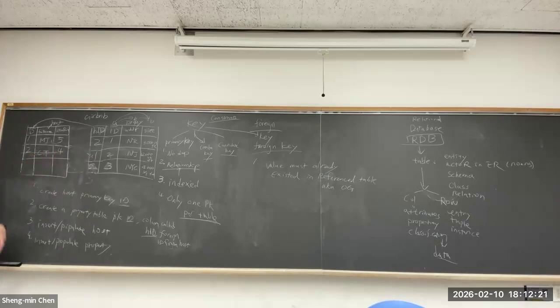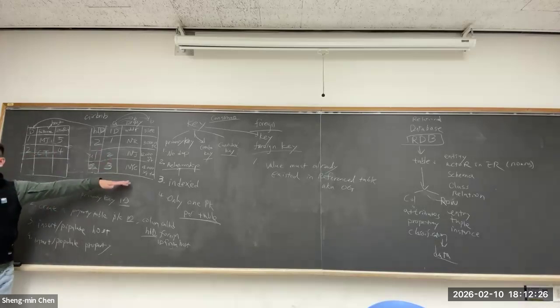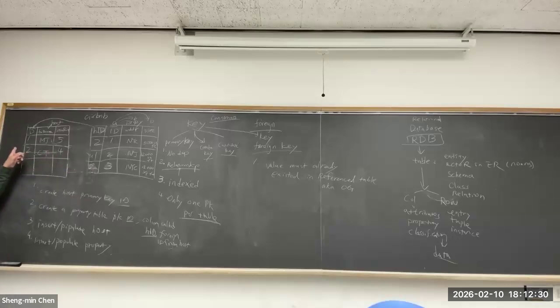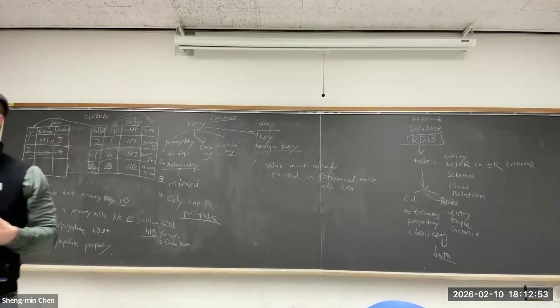Because assuming Airbnb has billions of rows, and now all of a sudden, if I want to look up this property and I have a 2, but there's no matching 2 in the host table, that would be a big problem because there's nobody it is referencing. But if you have the foreign key constraint, the database is not going to allow you to do this until you clear up here as well. You know what I'm saying? They will make sure that there is some gatekeeping and balance that prevents you from doing this.